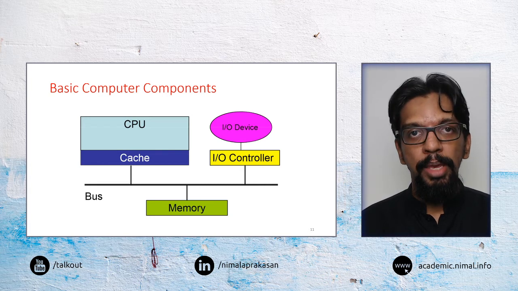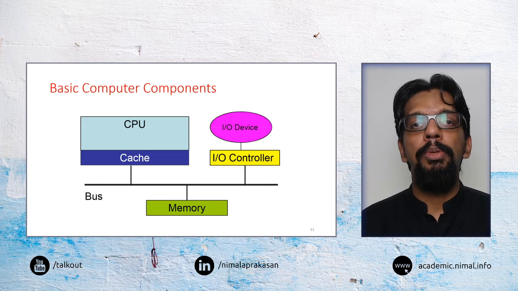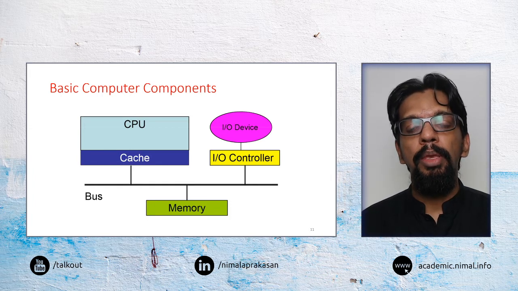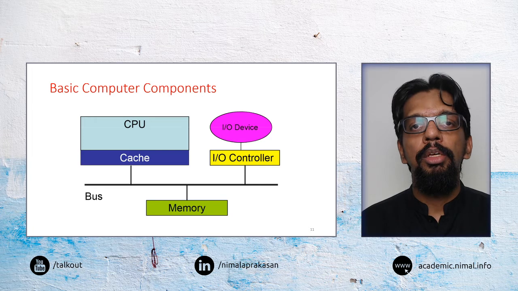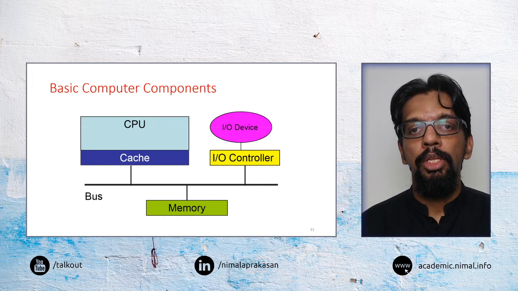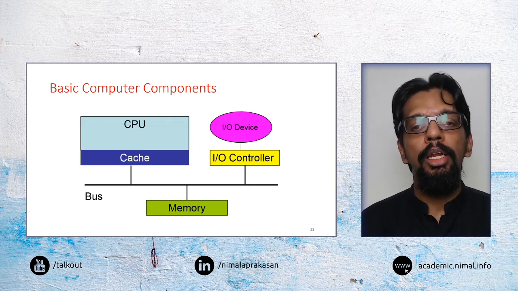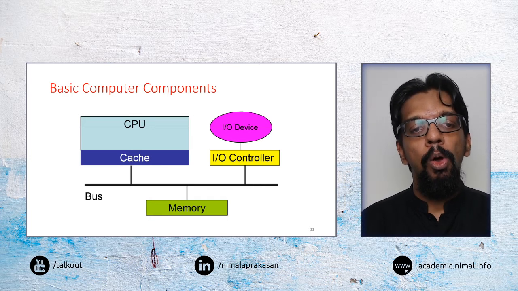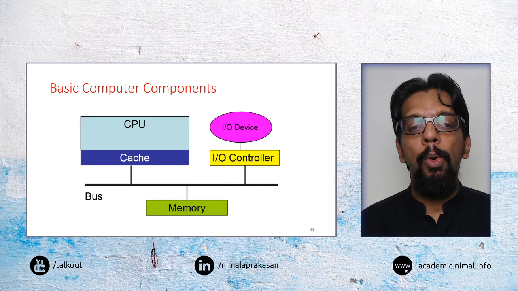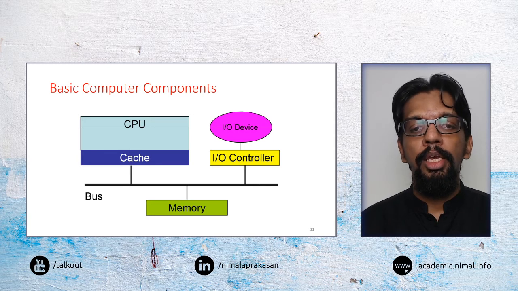We may have some memory where information can be stored before and after they are executed, and they may be connected through a bus for communication purposes. All of these components that we have identified in this diagram, we will look at in much more detail in the coming weeks.